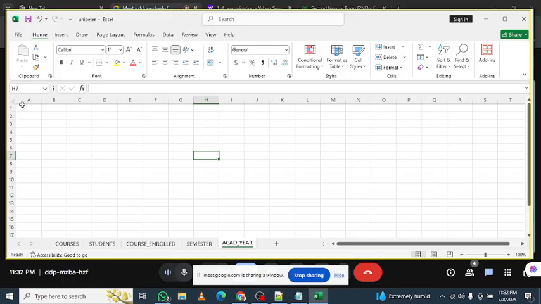For the academic year, we have year ID, year name. Year is a single entity on its own. Year and the name.